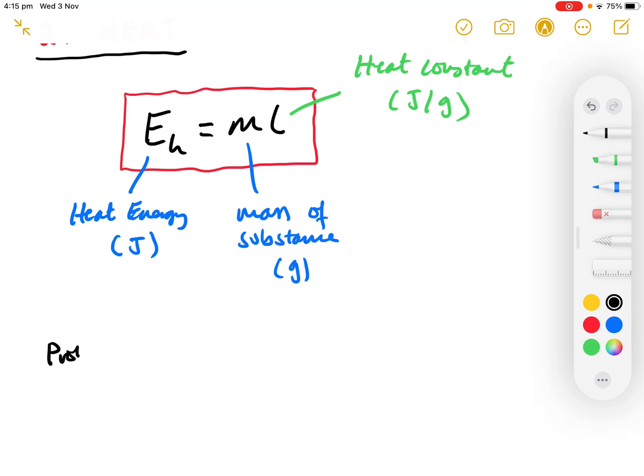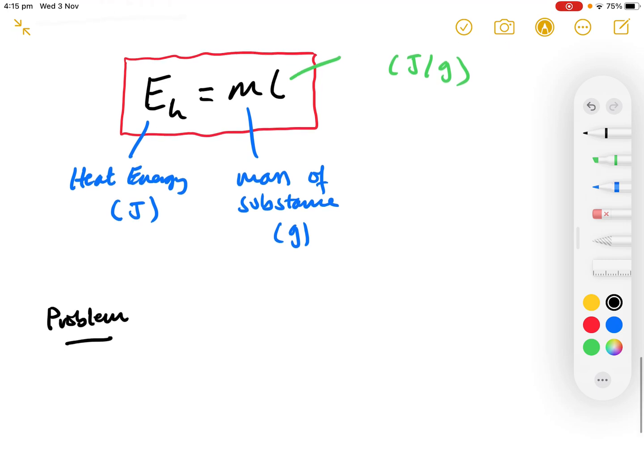So let's do a problem to show you how that equation works. So here it is.